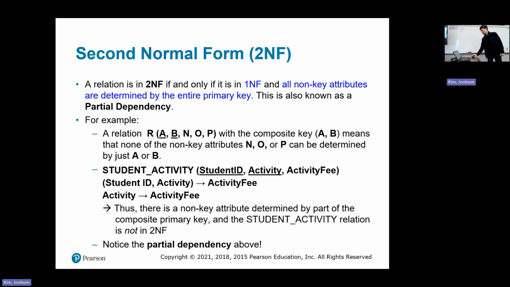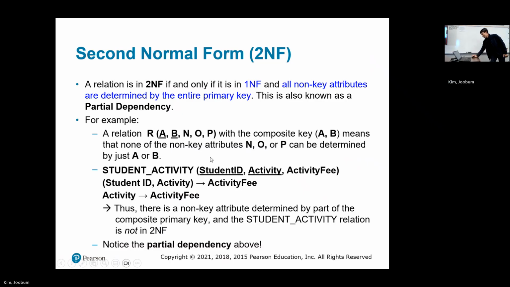And then what is the second normal form? Two conditions. One is that it is in first normal form, and the second condition is that all non-key attributes are determined by the entire primary key. That means here you have a relation R with 5 attributes A, B, N, O, P. The composite key AB is the composite primary key, and N, O, P are non-key attributes.